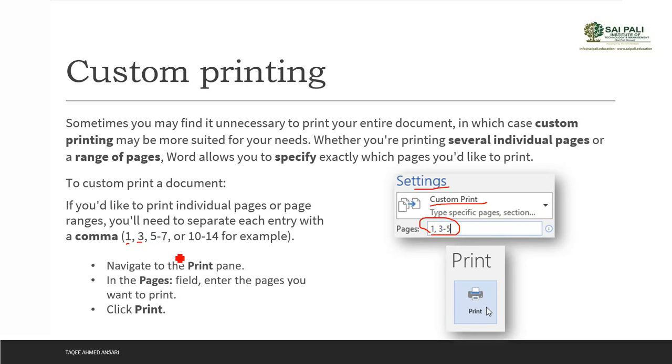And if you want to print a range, you can mention it like 5-7, or for example 10-14. That's how you mention the range or single page, and then you click on the print command and it will do what?